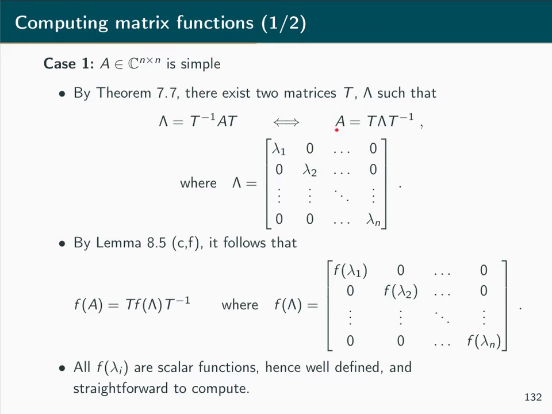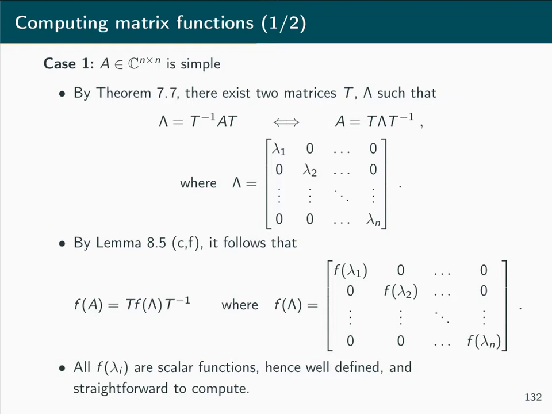Using the Jordan form of A by lemma 8.5c, we can write any function f of A as T times f of Lambda times T inverse. And by lemma 8.5f, we can write f of Lambda as the diagonal matrix, which has the entries f of lambda 1, f of lambda 2, and so on up to f of lambda n as its diagonal entries.